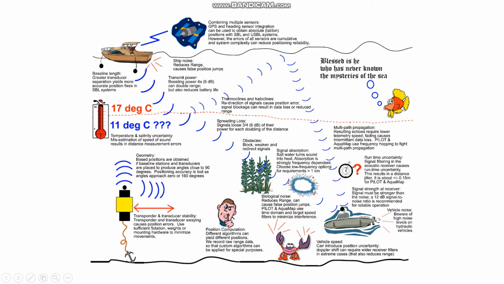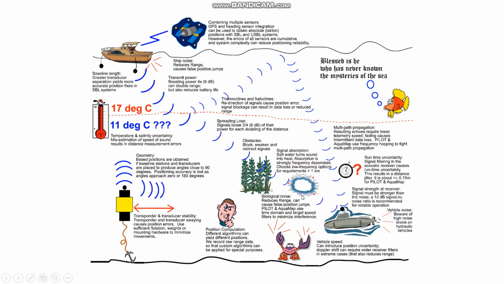Third, sound also gets absorbed by the seawater, and that is a frequency-specific effect. The higher the frequency, the greater the rate of sound absorption, and it's expressed as decibels per kilometer, like 8 dB per kilometer or whatever the case might be.